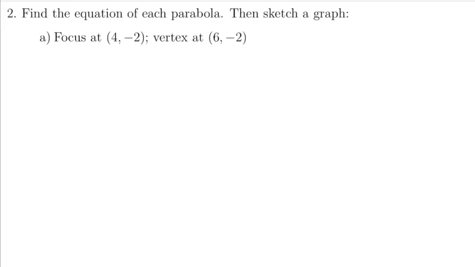For these next two problems, we're working in the opposite direction than we did in the first two problems, right? This time we're being given information about the graph of a parabola, and we're being asked to write the equation and sketch a graph. So in these examples, what I like to do is start with the graph.